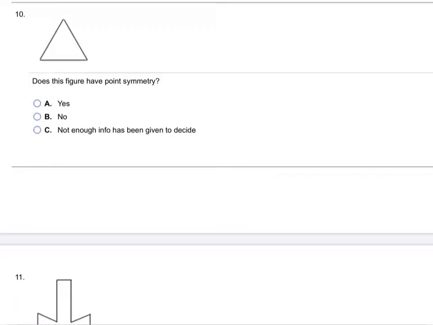It's another point symmetry question. All right. Does that figure have point symmetry? So remember what point symmetry is. They're basically asking, does it have 180-degree rotation symmetry? So if you flip that one 180, will it be back onto itself? No. This point would go right to there, so it'd be like this, wouldn't it?